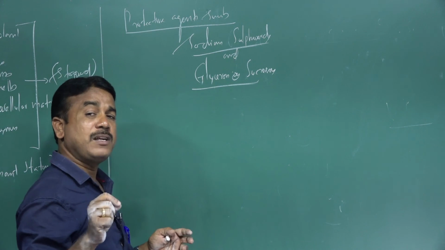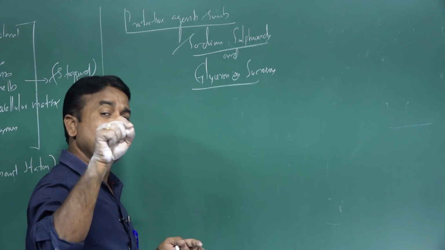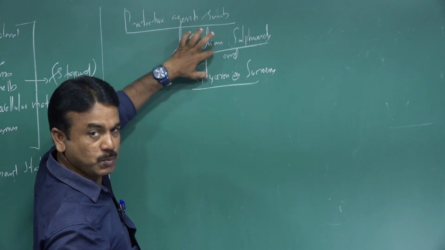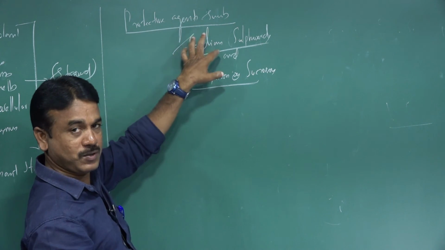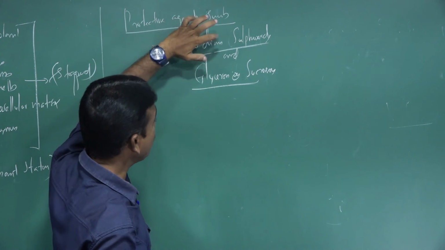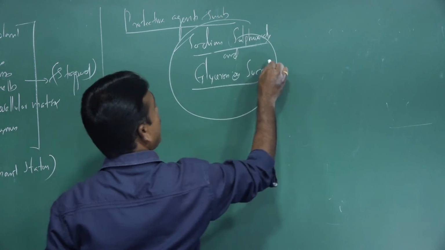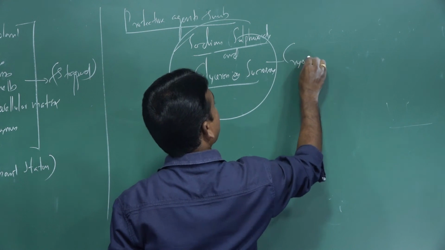Whatever material you are going to cryopreserve, these substances must be added before the preservation process. So dimethyl sulfoxide, glycerol and sucrose are commonly called cryoprotectants.